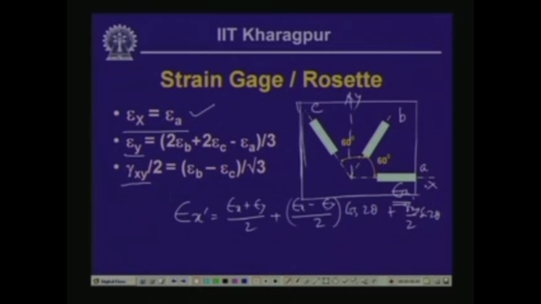Now, when we substitute for B, epsilon B is equal to epsilon x plus epsilon y by 2, where epsilon x is already epsilon A, plus epsilon A minus epsilon y by 2 cos 2 theta, theta being 60 degrees, this is cos 120 degrees, plus gamma xy by 2 sin 120 degrees.